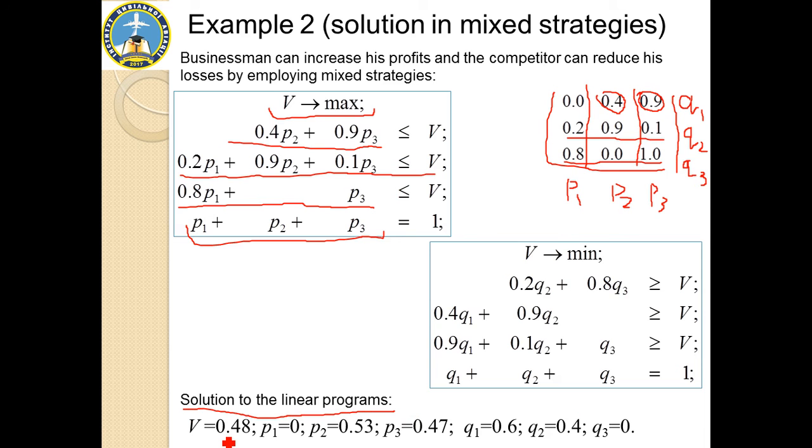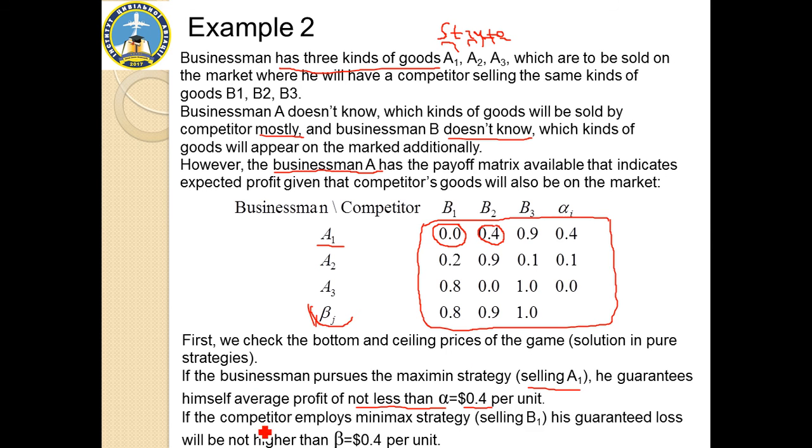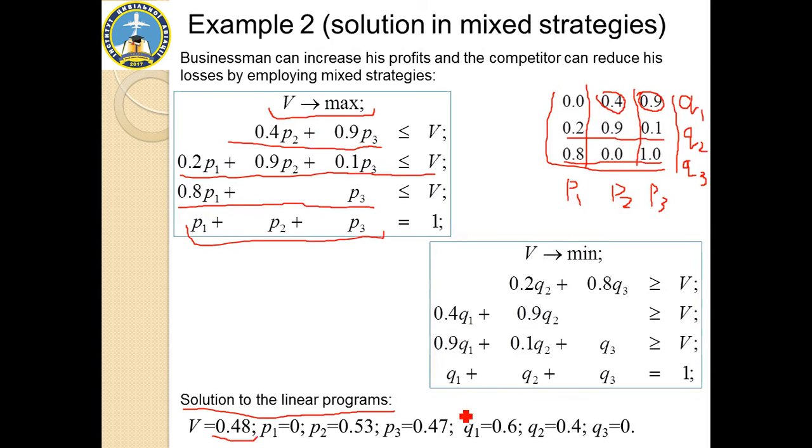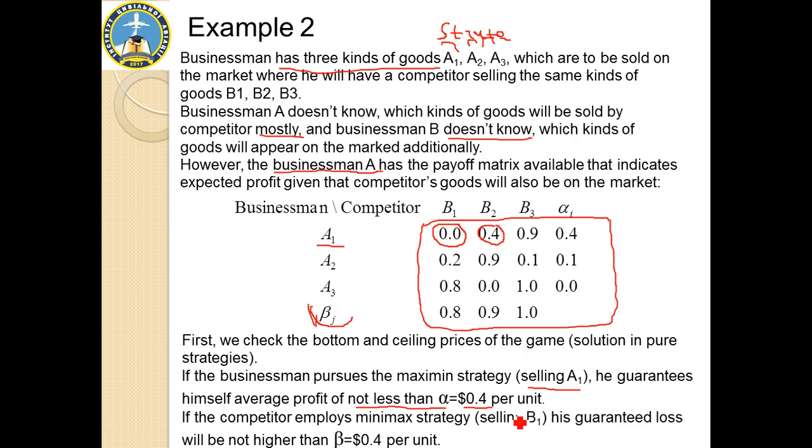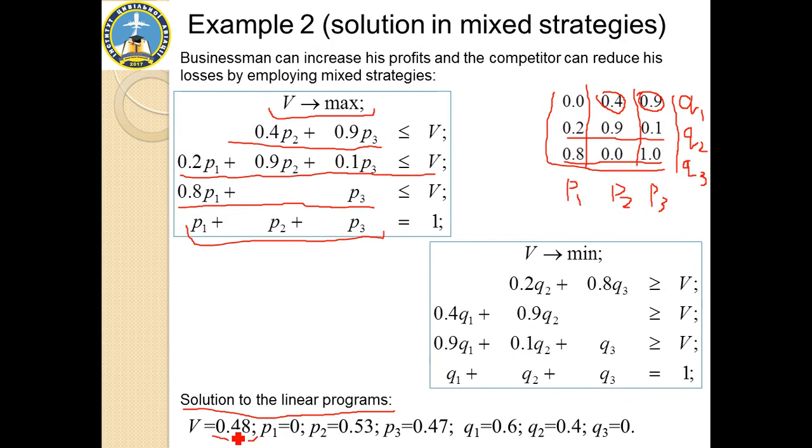Here I'm just showing the price of the game. The price of the game can be increased from 0.4 to 0.48, given that player A, the businessman, uses the shares of his strategies P sub 2 with a probability of 0.53 and P sub 3 with a probability of 0.47.